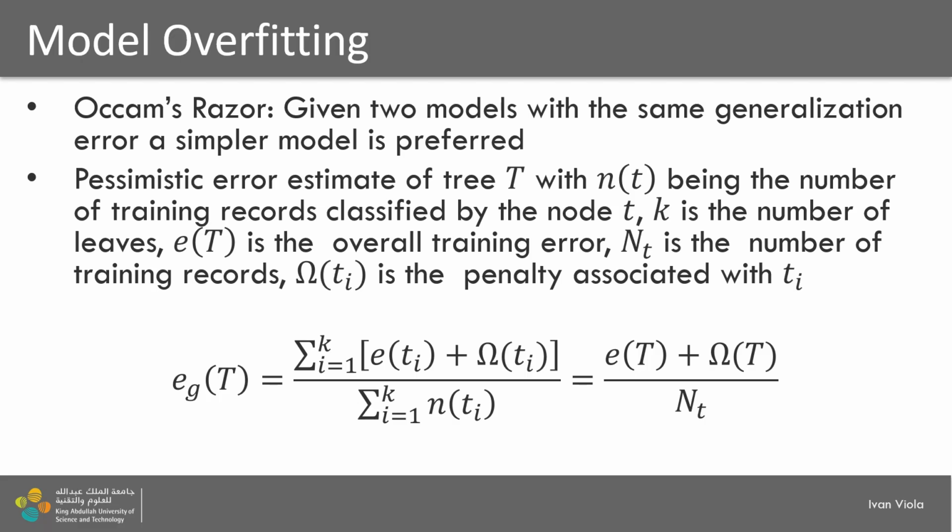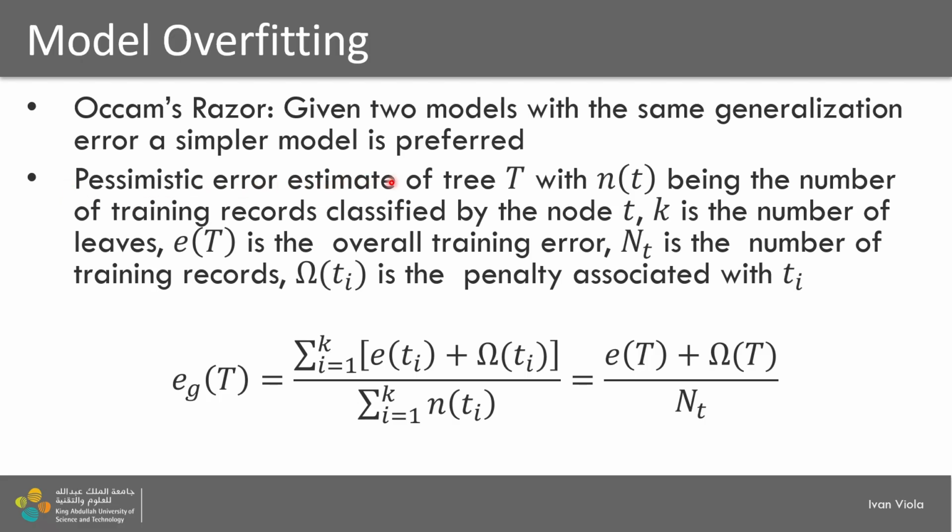The approach for doing this is the so-called Occam's razor, where given two models with the same generalization error, the simpler model is preferred. That's the principle of Occam's razor, and closely related to it is the so-called pessimistic error estimate.